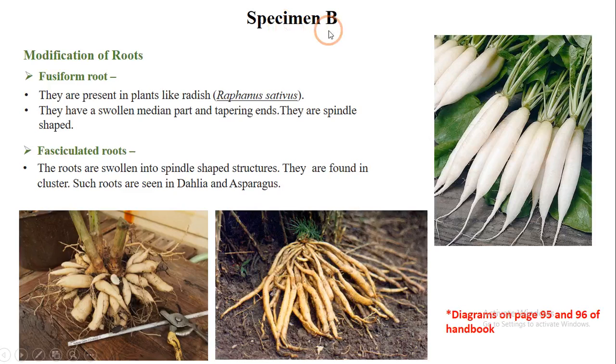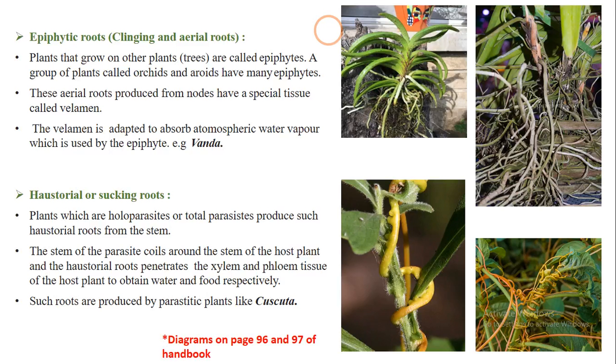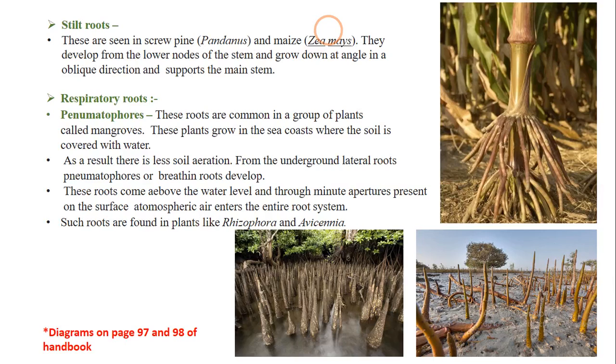Then we moved on to specimen B. Specimen B has a number of specimens, and all of them show certain modifications in plant parts. The first one is modification in roots. So we studied fusiform root, fasciculated root, epiphytic root, haustorial and sucking roots, stilt root and respiratory roots as examples of modification of roots.